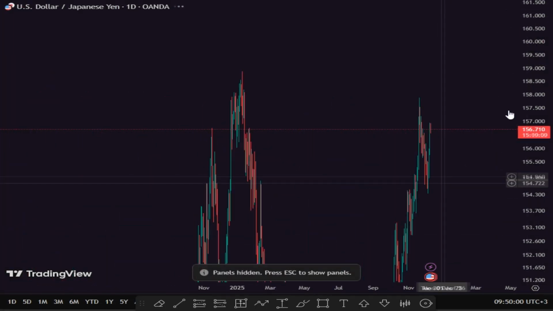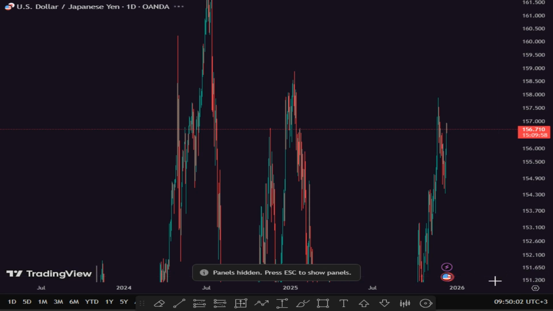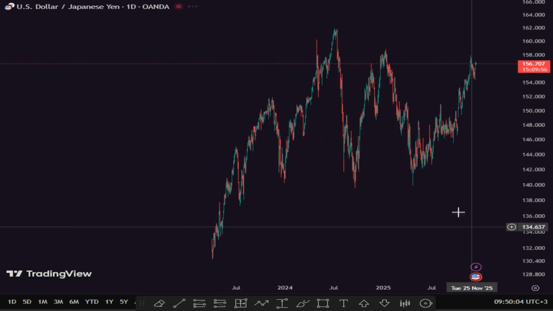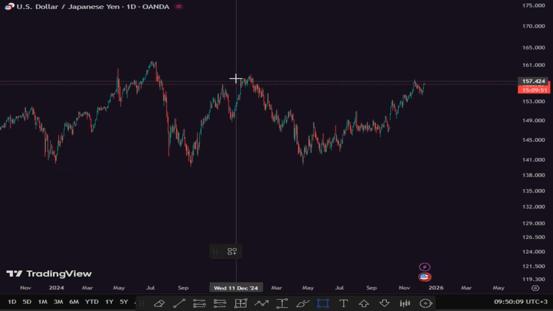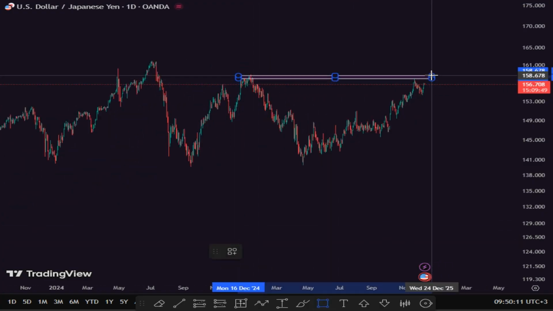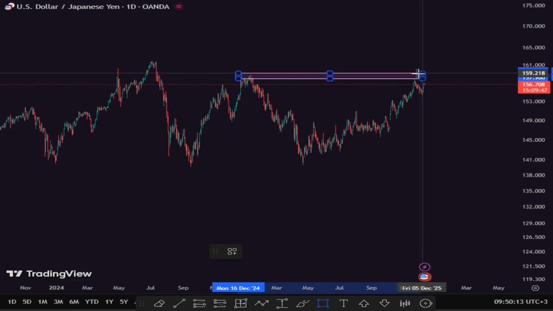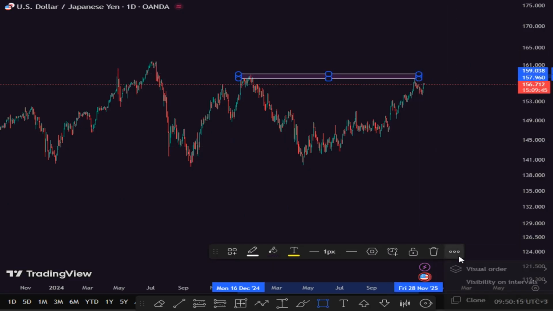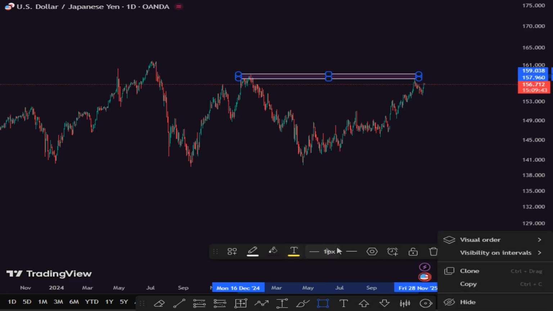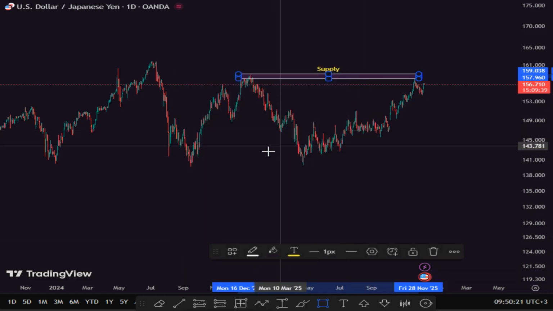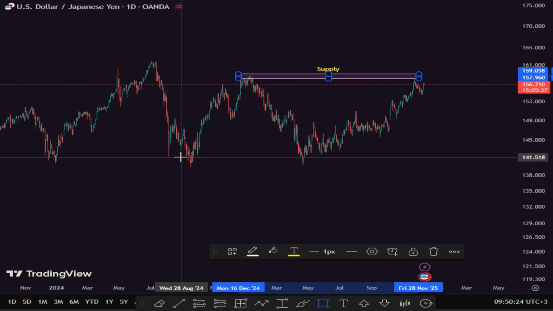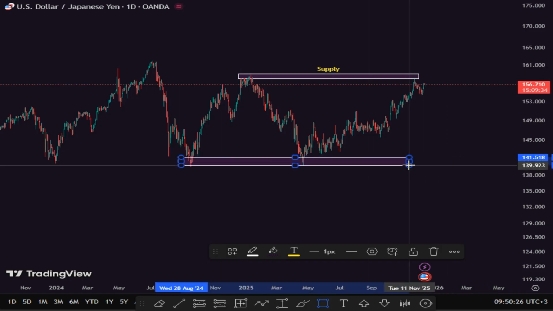You understand? Correct. Now, first things first, I think we call out levels as usual. This right here, this zone right here is our supply zone. Call it supply zone right there. Then now this right here is our demand zone.